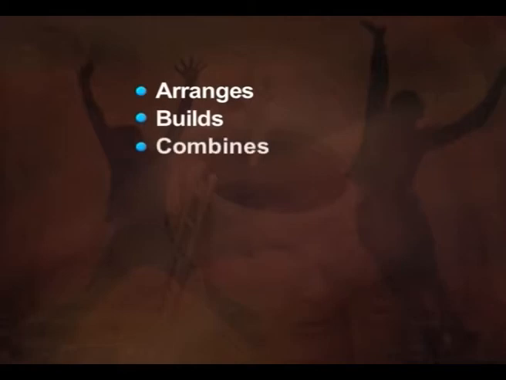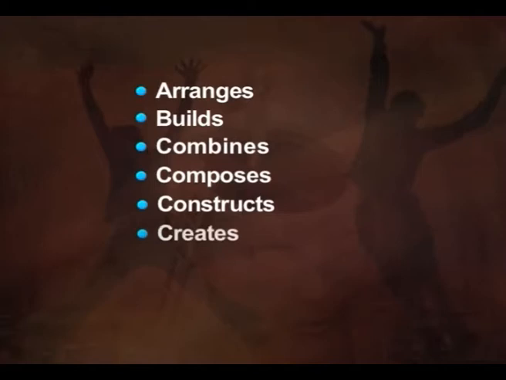For example, the learner constructs a new theory, develops a new and comprehensive training program. The key words that are used in framing the learning objective include arranges, builds, combines, composes, constructs, creates and designs.